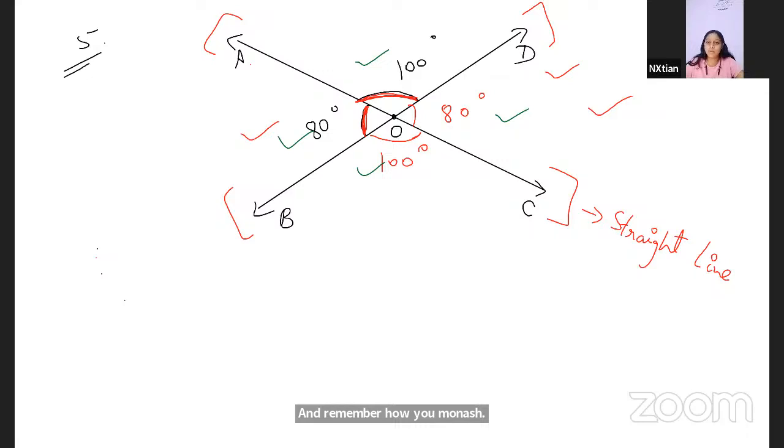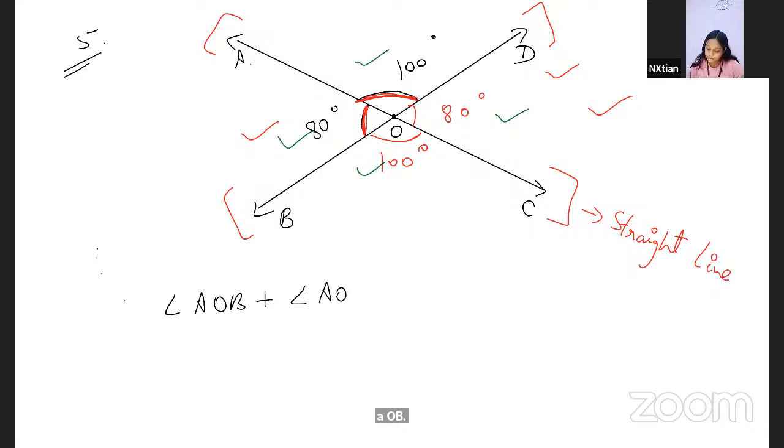So this is how you can do VOA, vertically opposite angles, or you can do it like I was showing. Angle AOB plus angle AOD is 180 degrees, because they are supplementary angles.